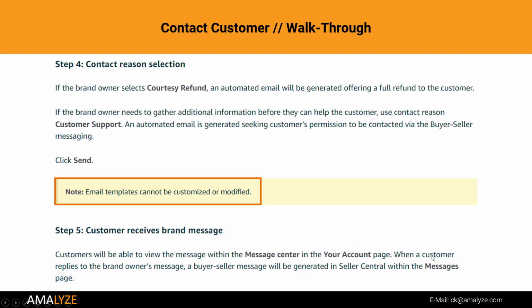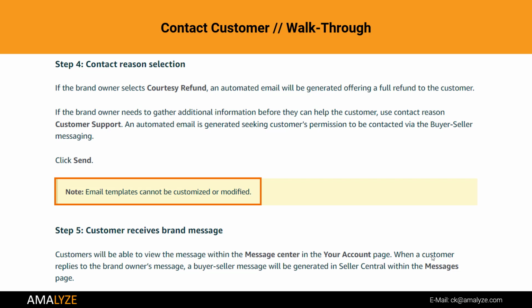And step 4, contact reason selection. Of course, you only have 2 opportunities for sending the mail, but note that email templates cannot be customized or modified. I have not seen until now a second mail, especially if we're talking about contacting the customer not for a refund.